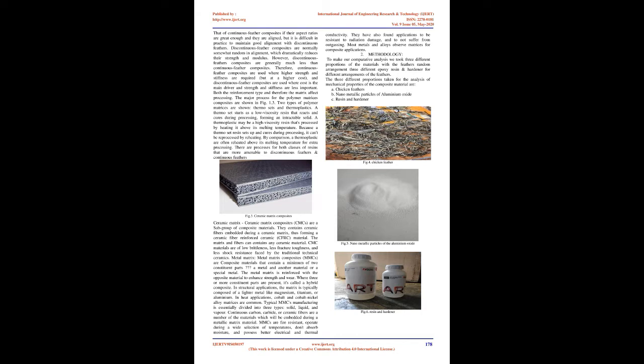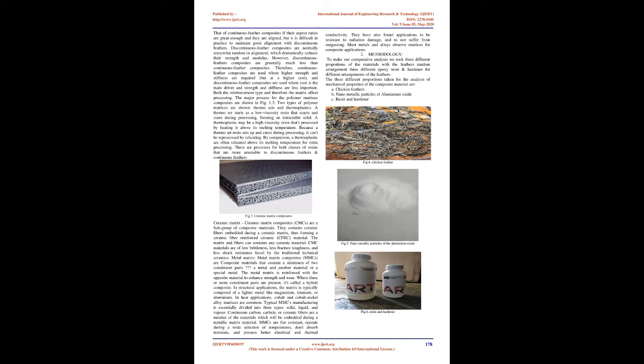Theoretical strength of discontinuous feather composites can approach that of continuous feather composites if their aspect ratios are great enough and they are aligned, but it is difficult in practice to maintain good alignment with discontinuous feathers. Discontinuous feather composites are normally somewhat random in alignment, which dramatically reduces their strength and modulus. However, discontinuous feather composites cost much less than continuous feather composites.